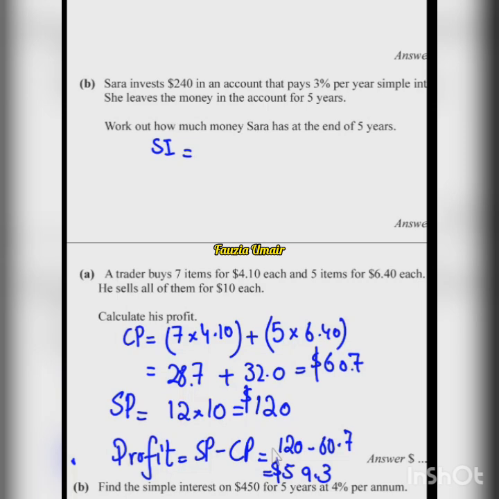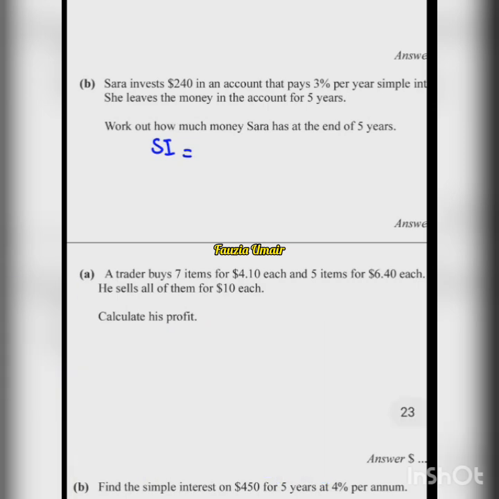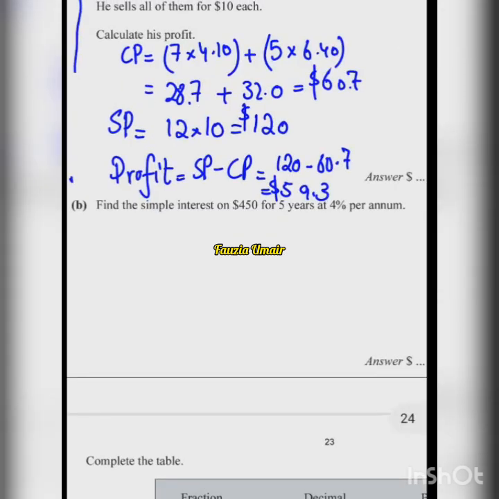Any question till this point? Ji beta, is it clear? Yes, ma'am. All right, very good.